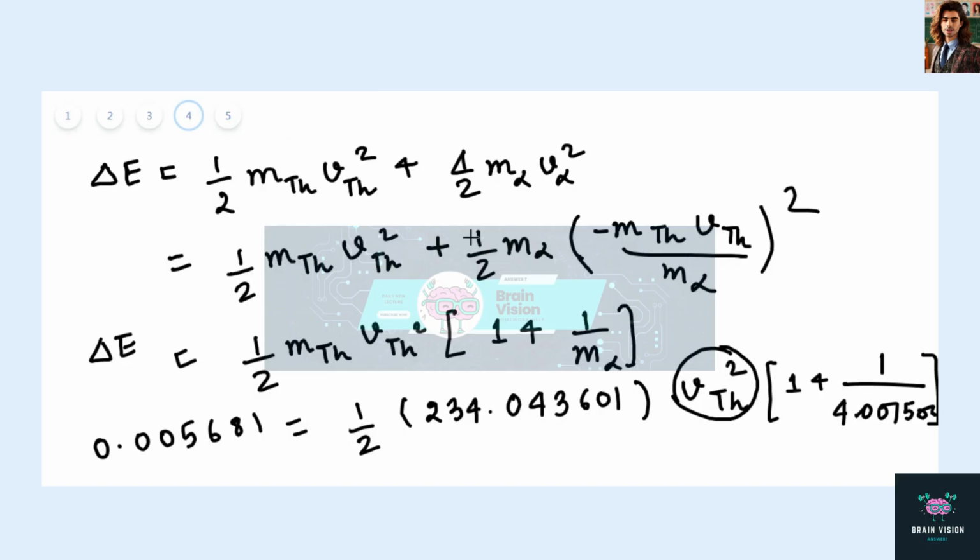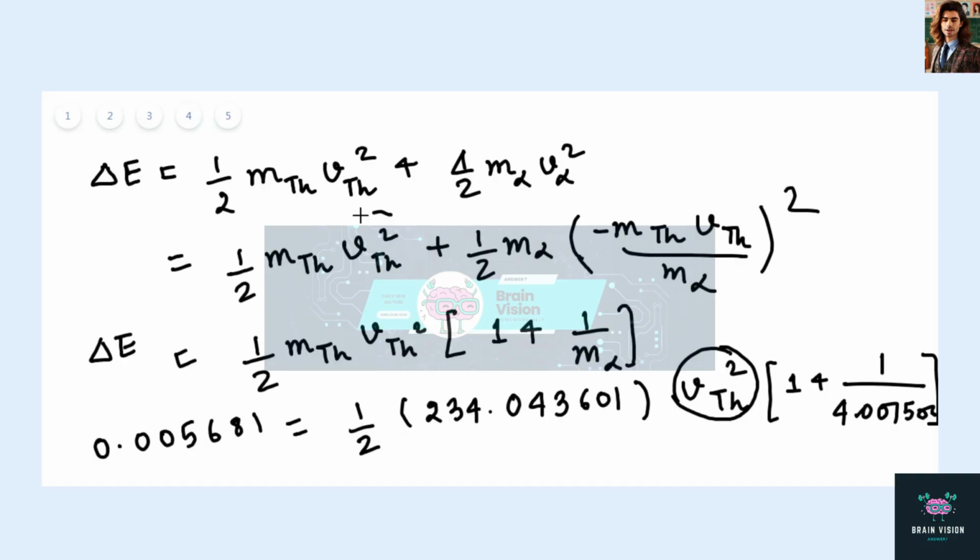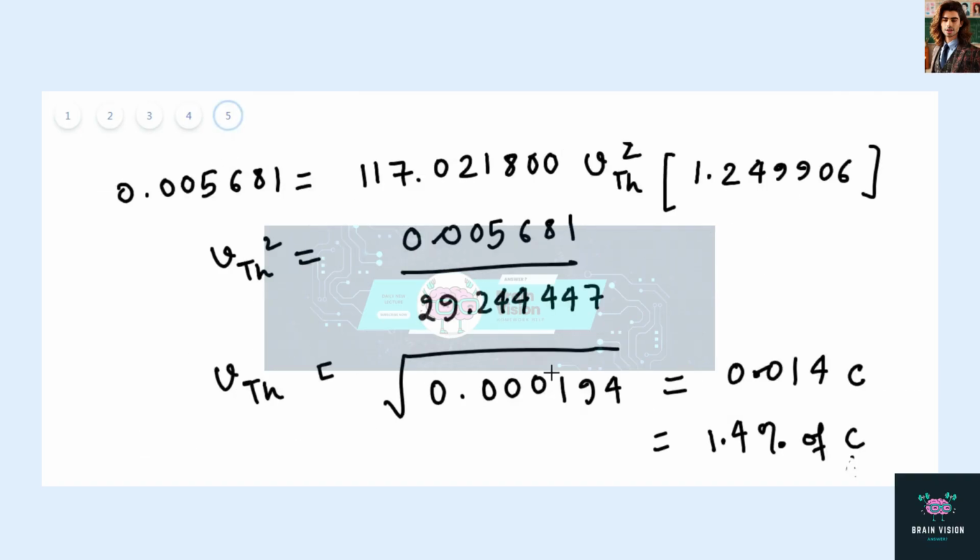And when you substitute everything back from here, the velocity of alpha particle, because that's not what we want, we just want this value, the velocity of thorium. You can rearrange everything, put the values, do the math, and finally you get the answer in terms of a fraction of c. What that means is this will be the recoil velocity, 1.4% of the speed of light. That will be it. Thank you.